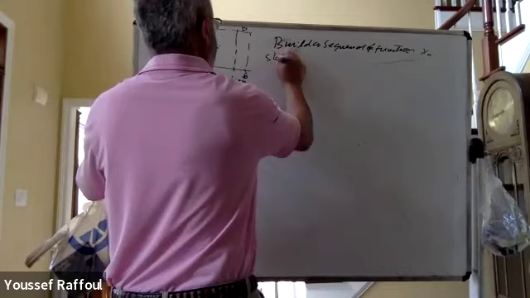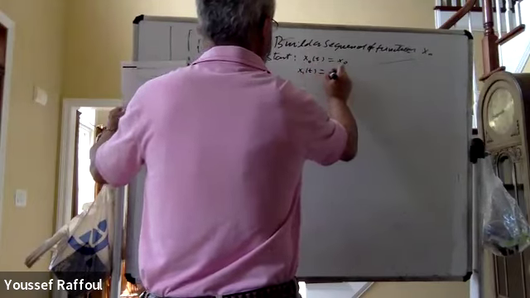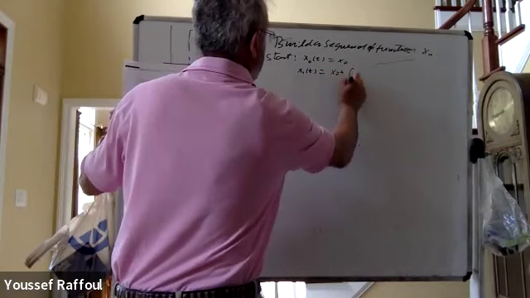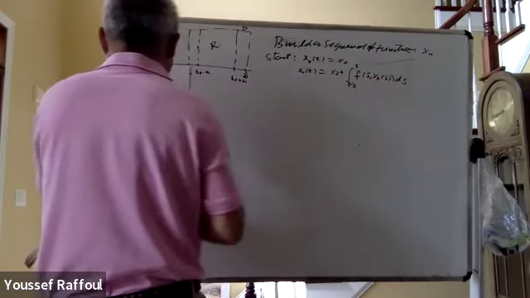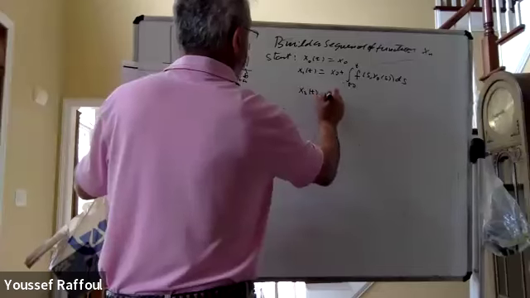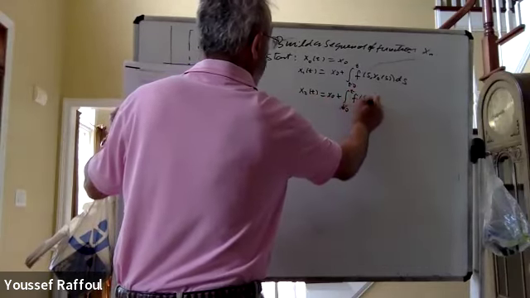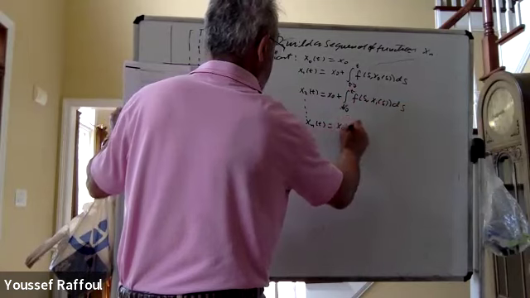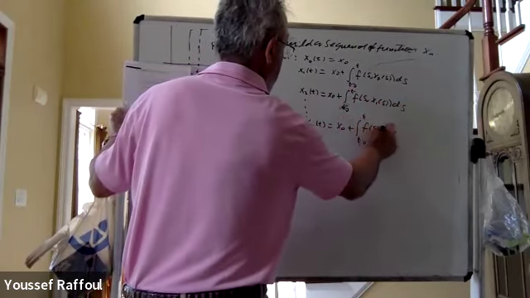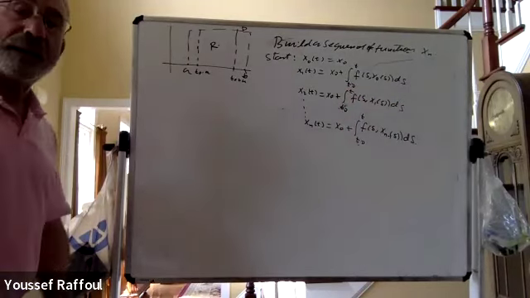So we're going to start with x0 of t equal x0, x1 of t equal to x0 plus the integral from t0 to t of f of s, x0 of s ds, and x2 of t equal x0 plus the integral from t naught to t of f of s, x1 of s ds, all the way to x_n of t equal x0 plus the integral from t0 to t of f of s, x_{n-1} of s ds. Okay, so I build this sequence.